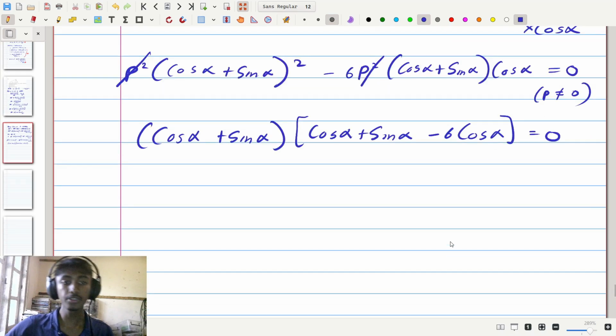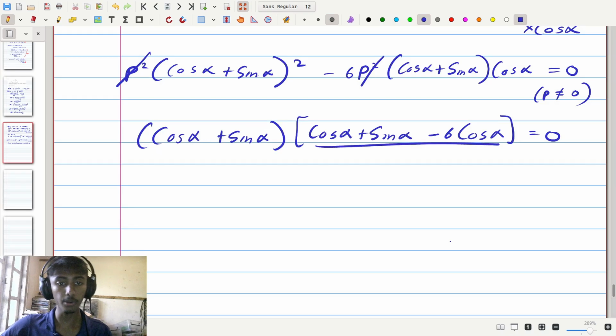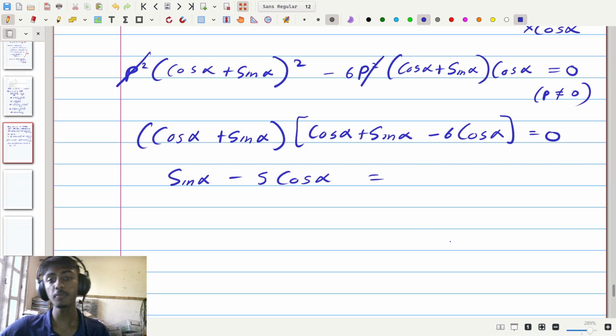Now of course, cosine of alpha plus sine of alpha is never equal to 0. According to that, we can factorize this out and say therefore this term must be equal to 0. So the term here is sine of alpha minus 5 cosine of alpha, which must be equal to 0, and we can say cosine of alpha plus sine of alpha is not equal to 0.